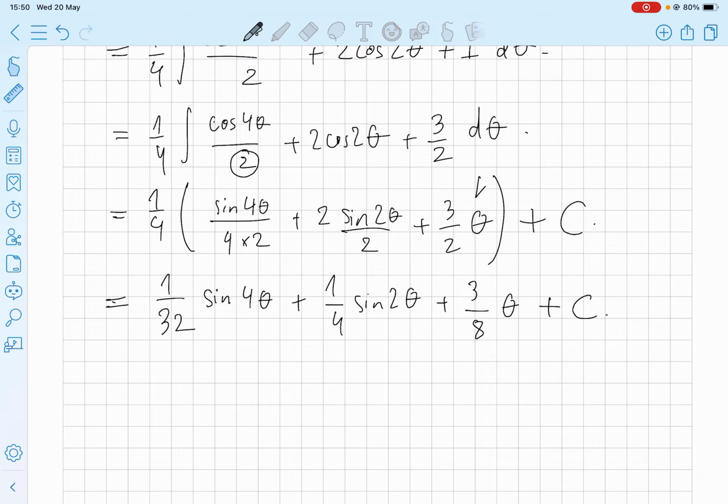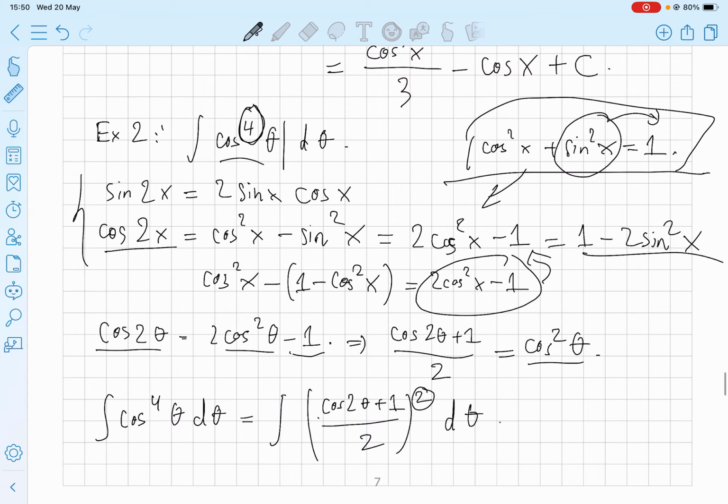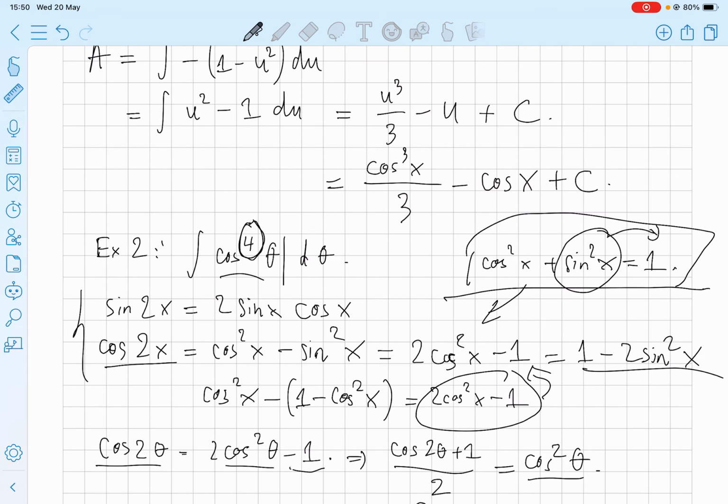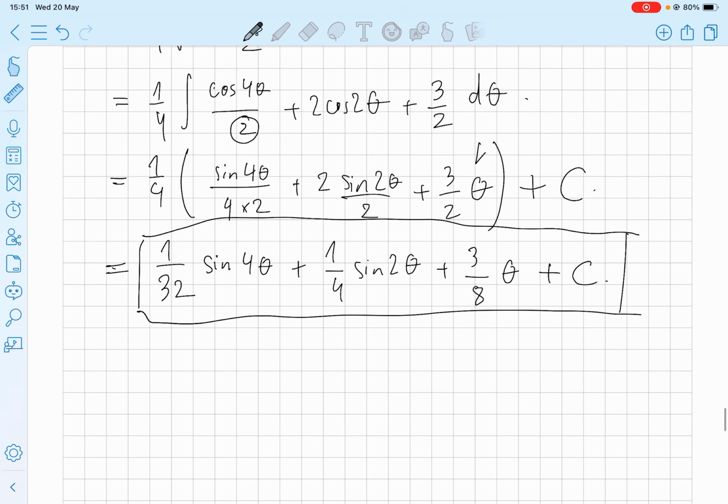So the answer will be here. You can see that on most problems about trigonometry, it will give you a really big power. It can be 3, it can be 4, and your main goal is to break it down and simplify it to a series of first powers. So yeah, this is example number 2.